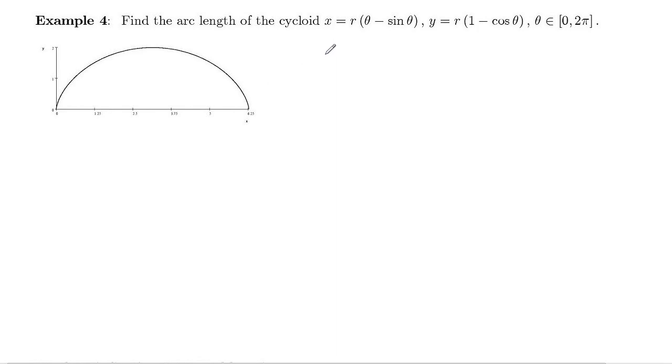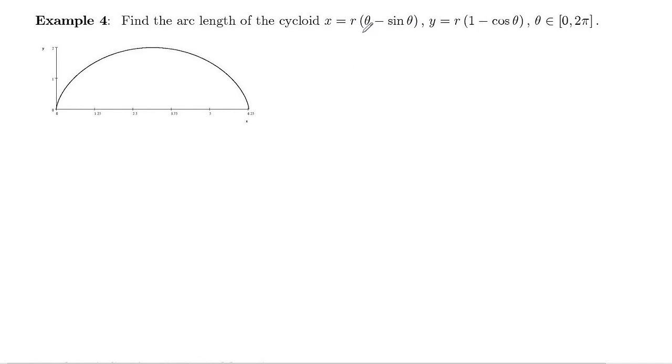So parametric equations, we know how to find arc length with those. We've got r and theta as our parameters, so it's actually 2 parameters.